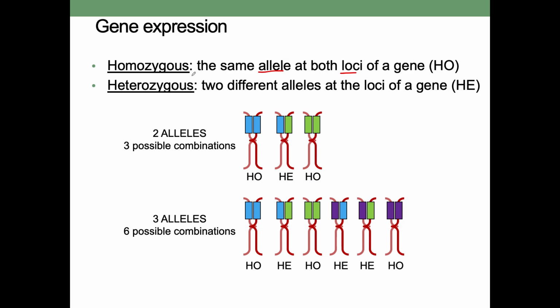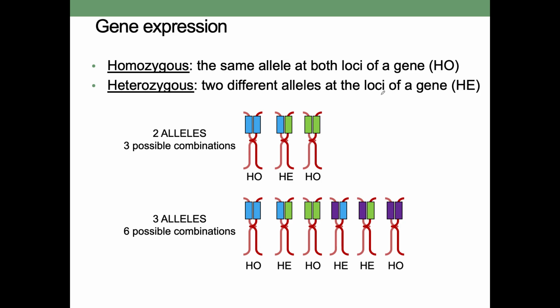We can refer to the homozygous condition as HO, homozygous, the same allele. The other condition is heterozygous, which refers to two different alleles at the loci of a gene. And loci is just plural for locus. Loci just means locations.